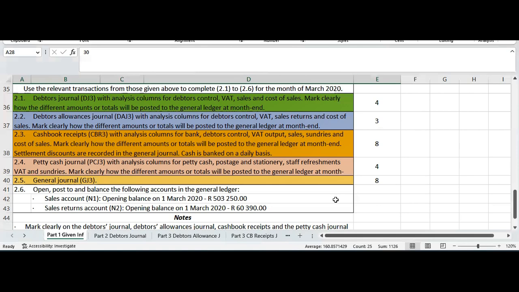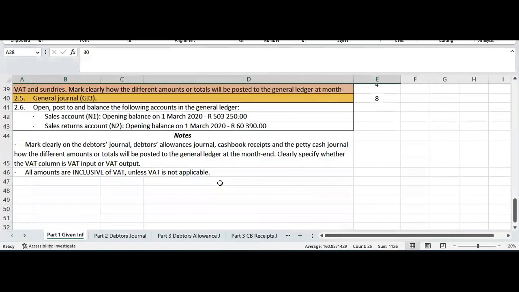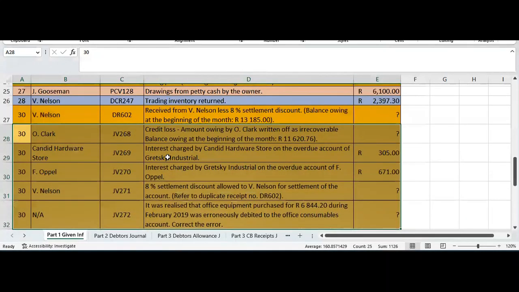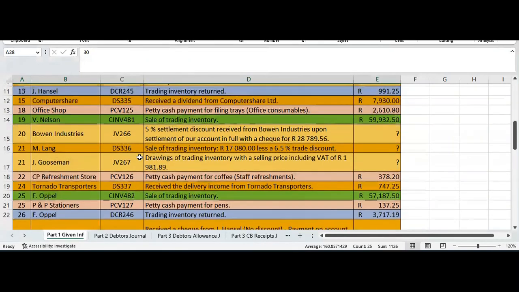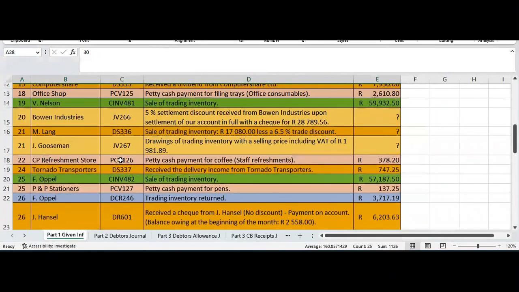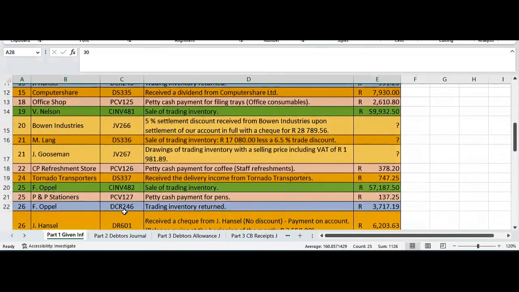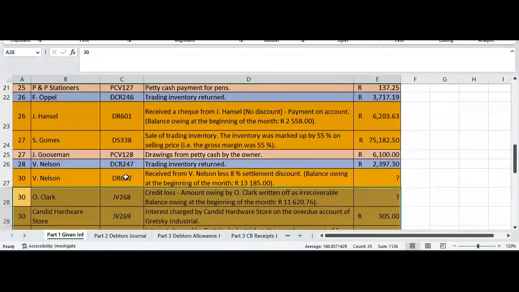So if we are going to do the petty cash journals, you'll remember that I said petty cash will be the petty cash vouchers that we're going to look at, and you will see there we have our first petty cash voucher 125, 126, 127, 128.